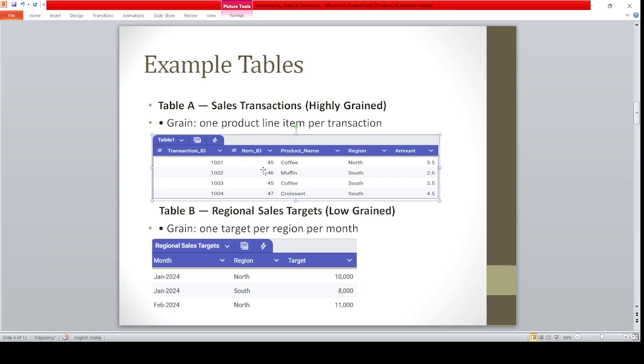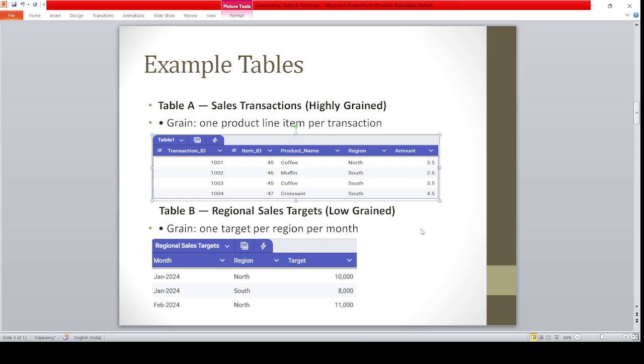Very detailed data. The regional sales target table has, for each month, which region has which target. So it is a region-wise, month-wise target. But the transaction table has ID, product name, region, and the amount of each product, so very high granularity.